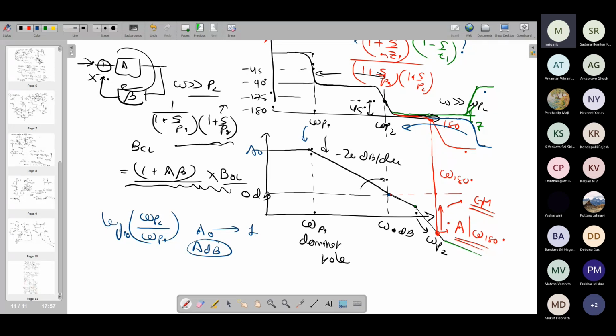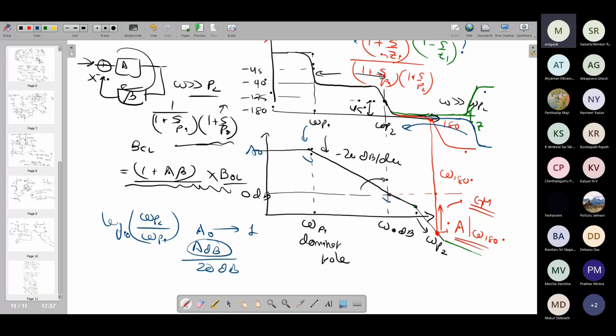Between these two points, omega p1 and omega p2, it is going to maintain a 20 dB per decade slope. And in terms of overall gain available, you have A dB. That means the low frequency gain is A dB, and dividing this by 20 dB will tell you how many decades of gap you want between omega p1 and omega p2.